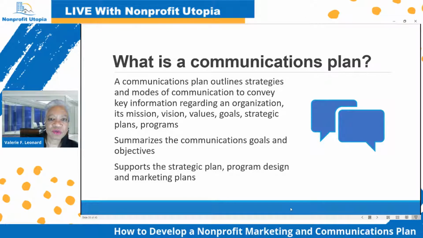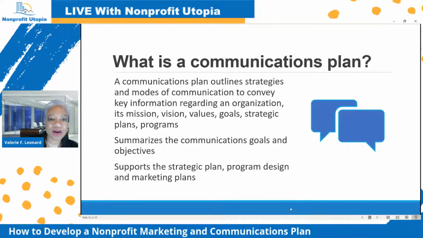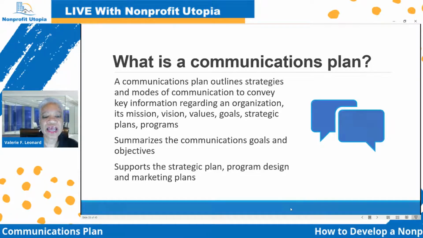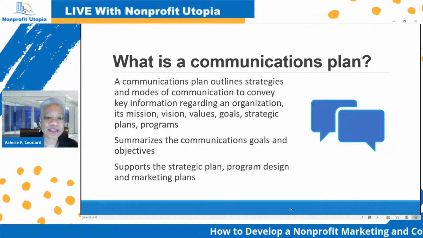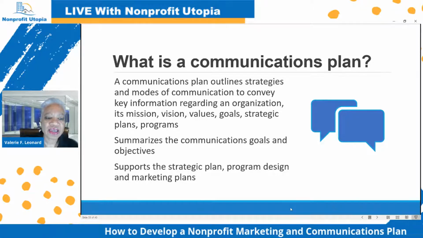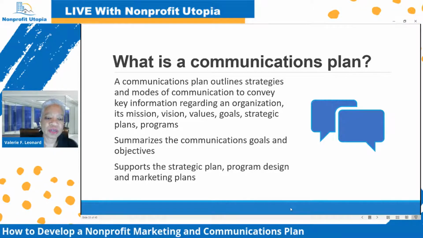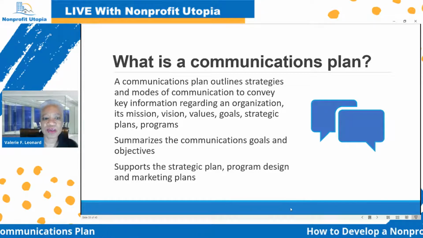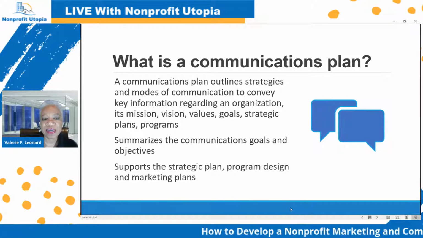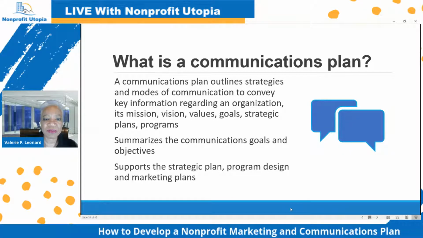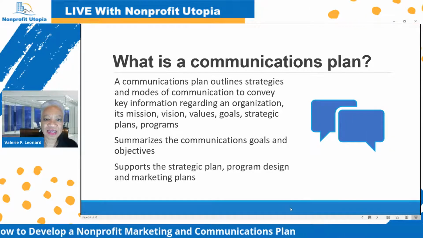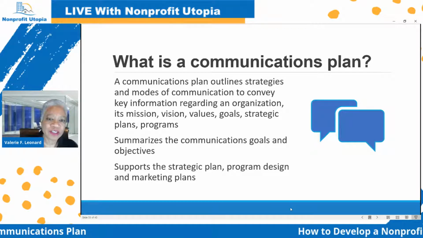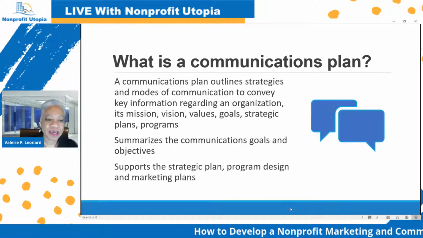All right, so very closely aligned with marketing is your communications plan. So, a communications plan outlines strategies and ways that you're going to communicate to convey critical information regarding the organization, its mission, vision, values, goals, strategic plans, programs, etc. You want to make sure that even though you may be communicating about different things at any given time, they all tie into a larger overarching theme that you're trying to communicate.